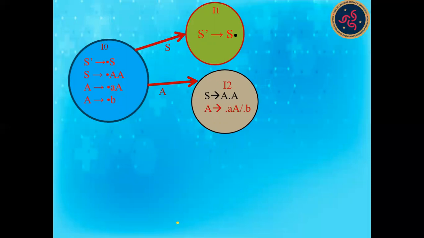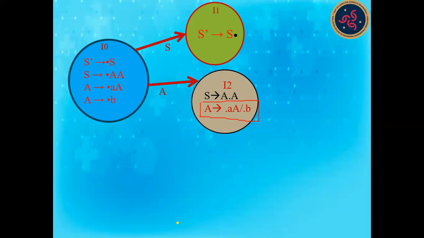Once again, I am repeating why these productions are written in state I2. Once we have written the production S gives A dot A, at each state change, after each transition, we need to apply the closure.